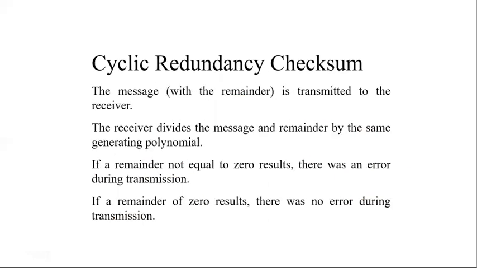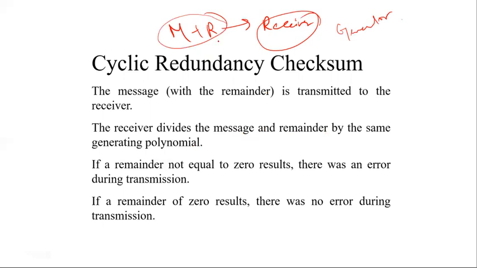So now the message with the remainder is transmitted to the receiver. The receiver again divides the message and remainder by the same generating polynomial. So the receiver uses the same generator and divides the entire thing it has received, and checks whether the remainder is not equal to 0.